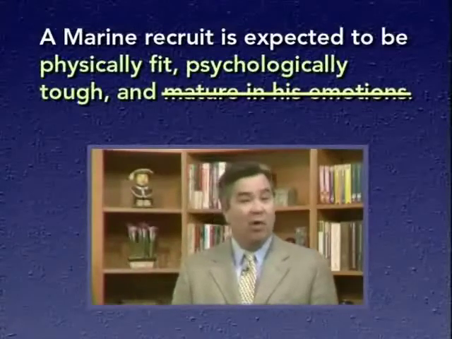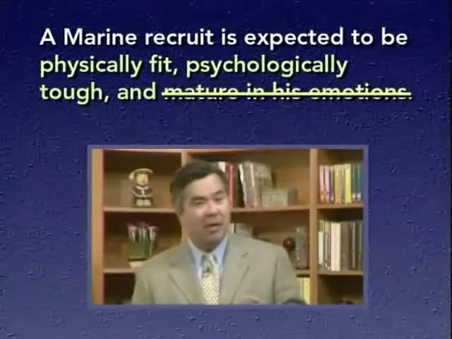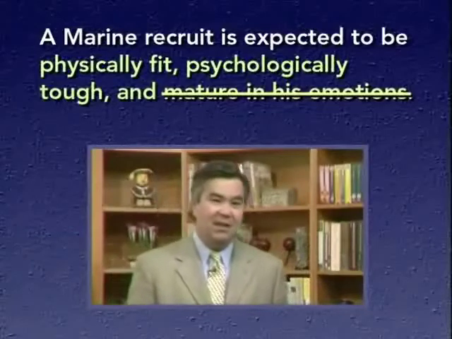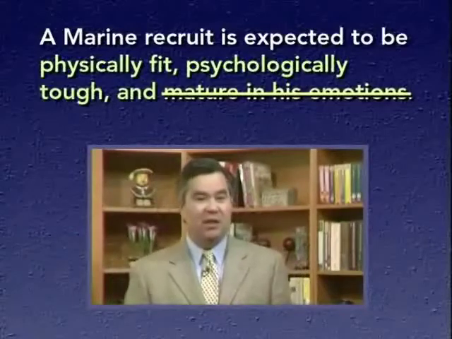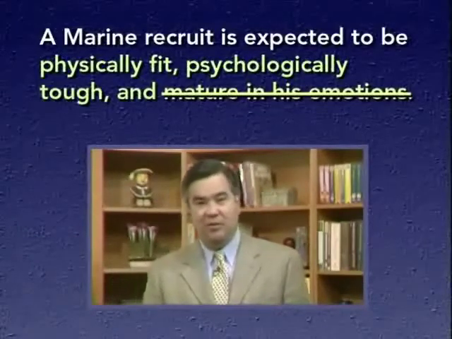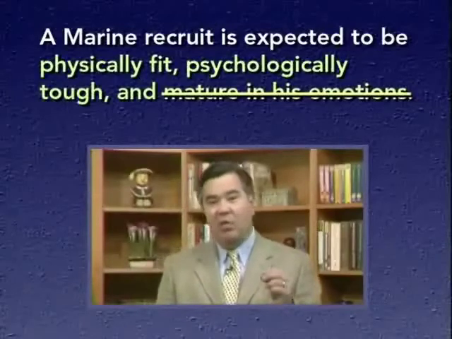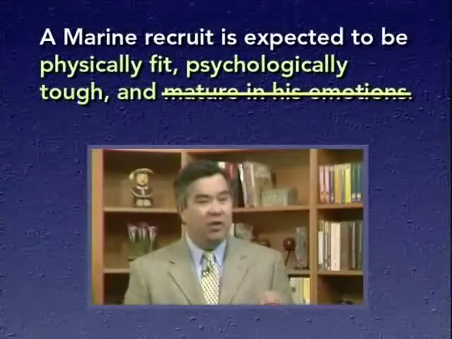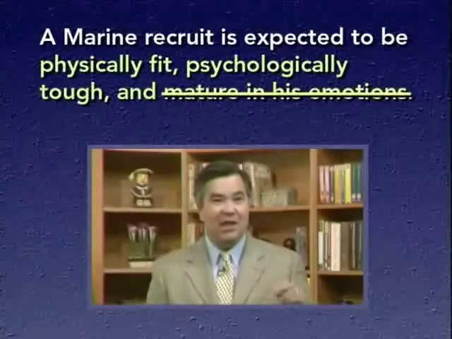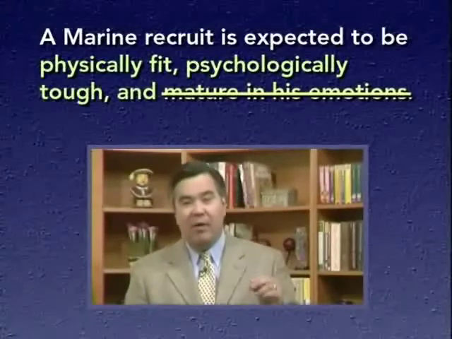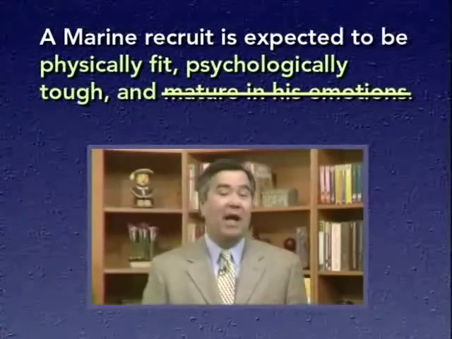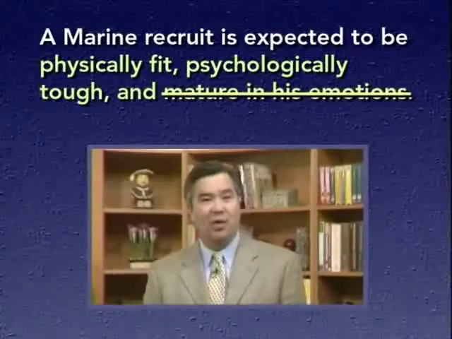Well, there's actually more than one way to correct it. Probably the easiest way to correct the sentence is to change the third item in the list so that it matches the other two. We could therefore rewrite that third item so that it contains an adjective preceded by an adverb. Now, if we want to do that, what would be the proper adverb to precede the word mature?